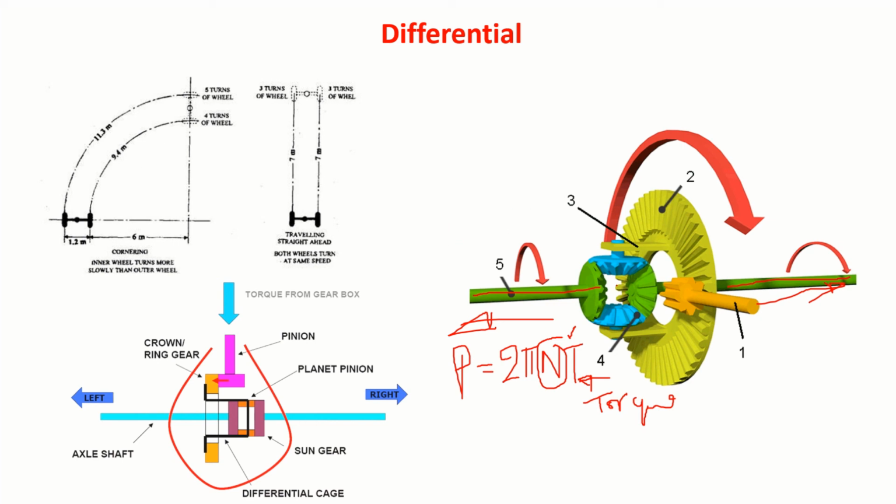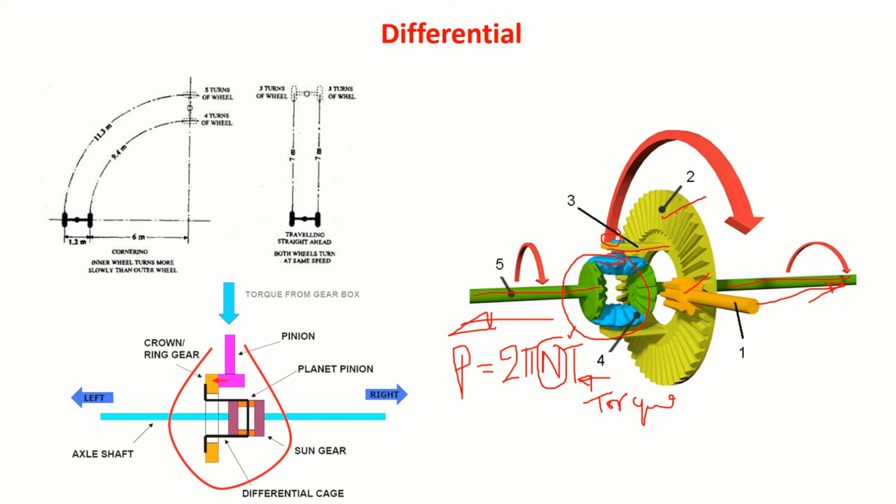Correct. When you are taking other turns, the same thing will happen. This is the one which will vary this. Please remember, when it is going straight, this is rotating, this is rotating, and this gear, because it is connected to this bracket, will be rotating along with it. But whenever the differential takes a turn, even this gear will start rotating about this, so that you will get an additional motion.